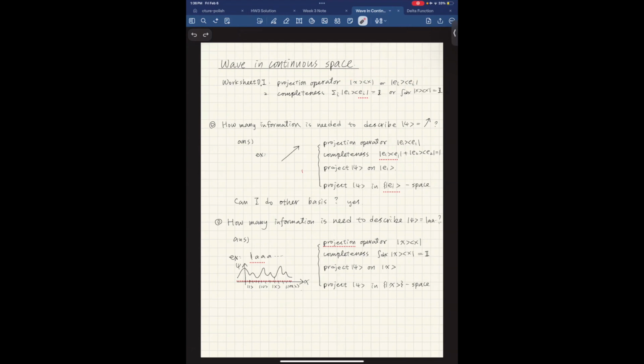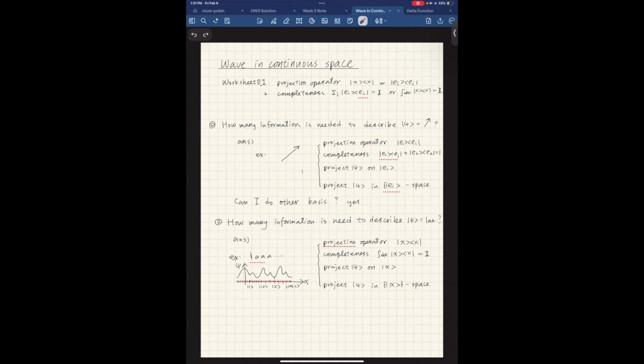And all of these waves, if they live in a good linear space, we can always find a complete set of basis vectors to span my vectors. If it's discrete, it looks like this. If it's continuous, it looks like this. We also covered this in a video, so I'm going to avoid repeating myself.